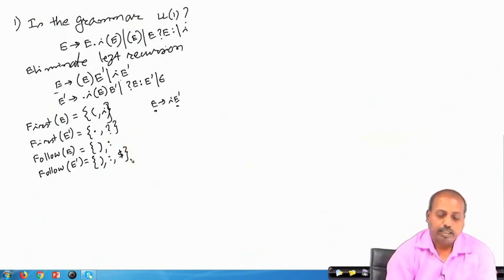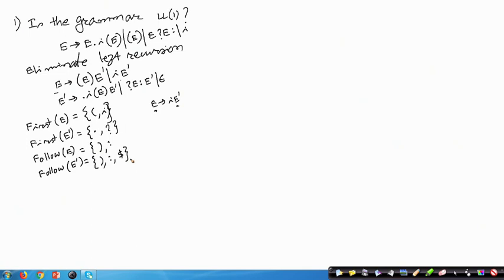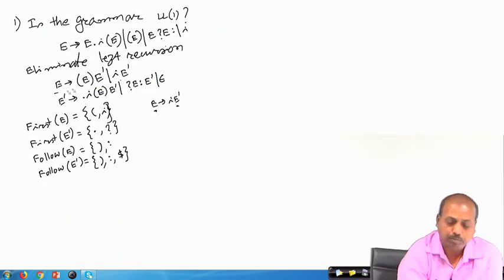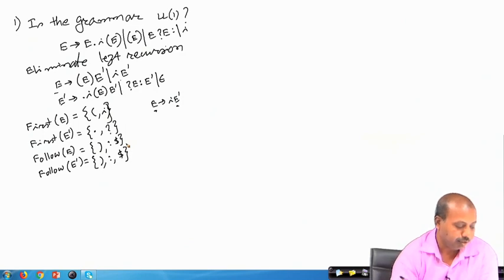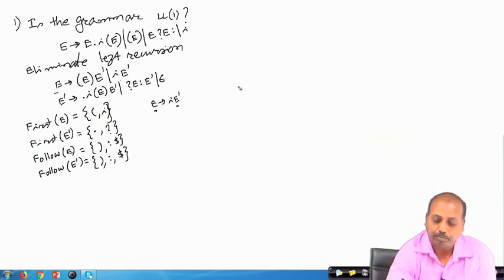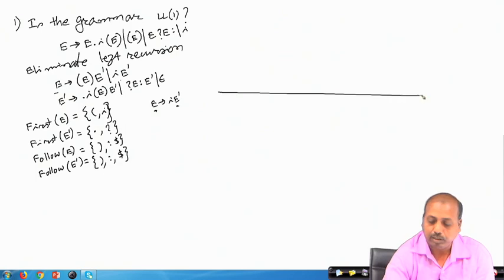Also, from this rule, E producing E within bracket E and then E dash, this dollar will also come in the follow set of E. Then if you try to construct the parsing table, it will be like this.